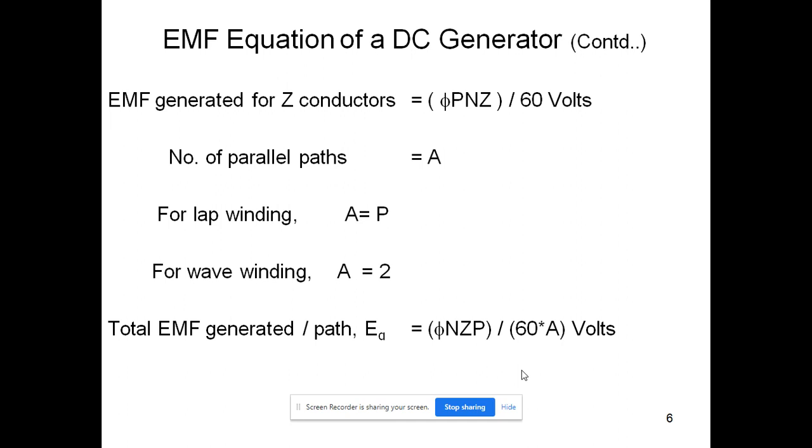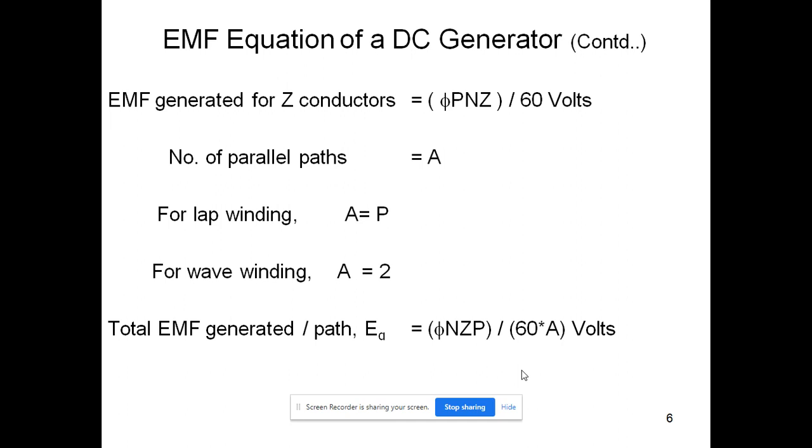For wave winding, the EMF equation becomes ZNPΦ by 120, because A is 2, so 60 into 2 becomes 120. So the total EMF generated will be ZNPΦ by 120 volts.